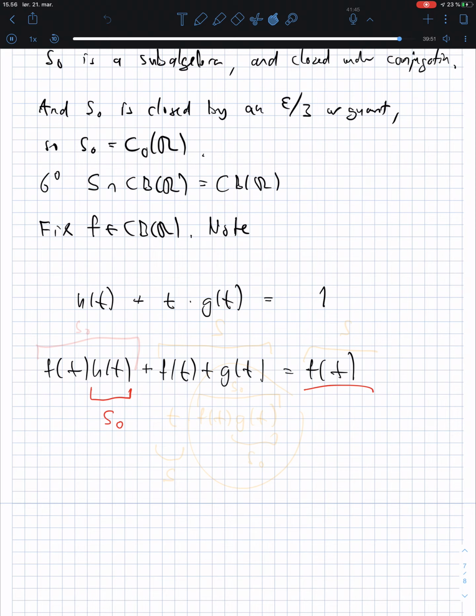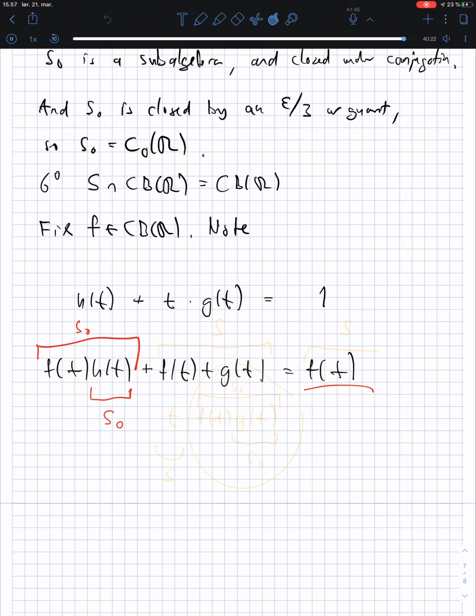So it's a bounded function, and I'm multiplying onto that. So it's a bounded function that goes to 0, right? So it lies in S naught. But I can do better than that, right? Because this actually also lies in S naught. Because h is a function that vanishes at infinity, and I'm multiplying on it my f, which is bounded, right? So it vanishes at infinity, and hence it lies in S naught.